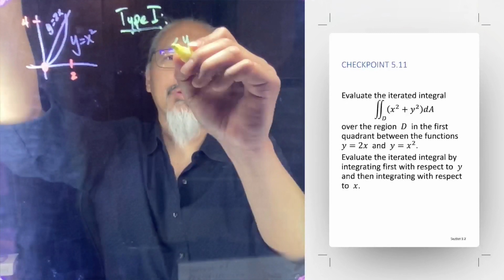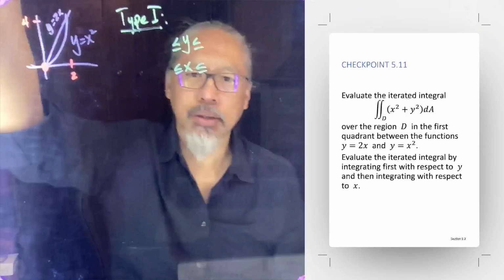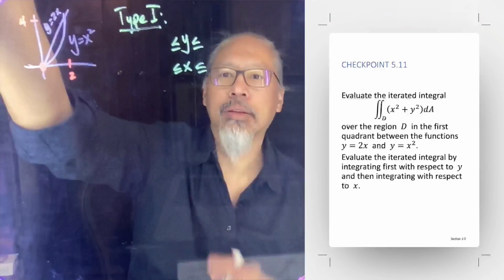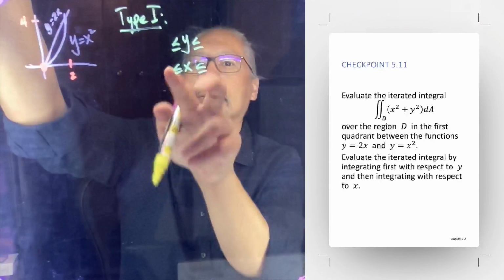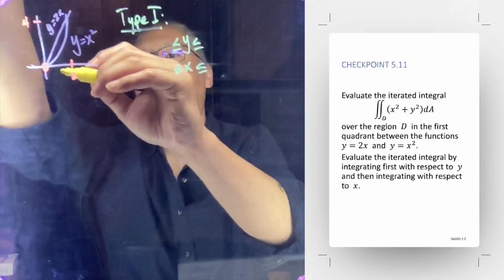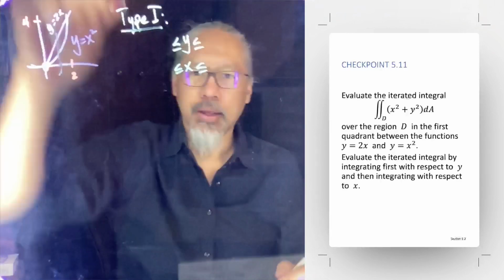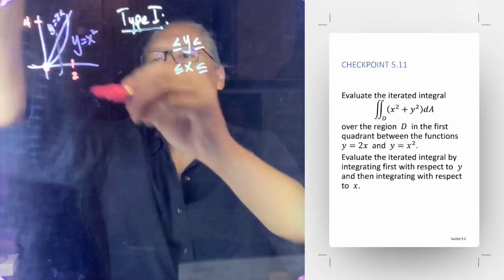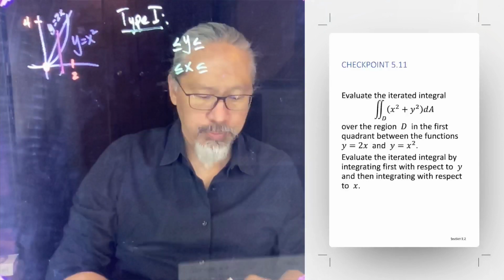We want to integrate with respect to y first, so we set up some y inequalities, and then the x limits would be constants. With y, I would draw a line parallel to the y-axis through the region, and ask yourself where you would enter the region and where you would exit the region.